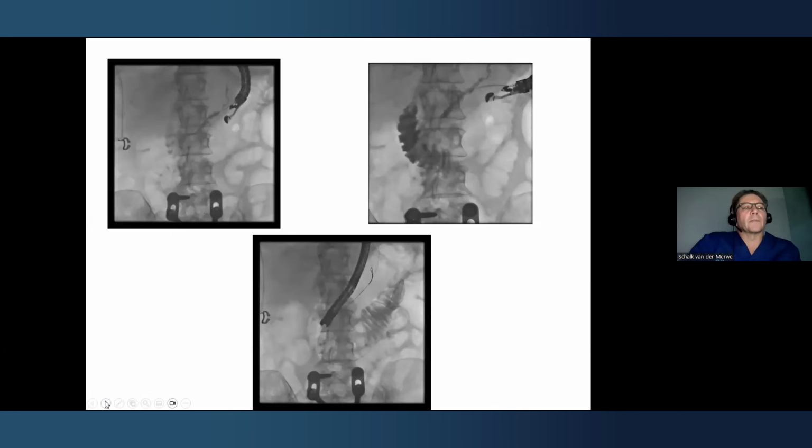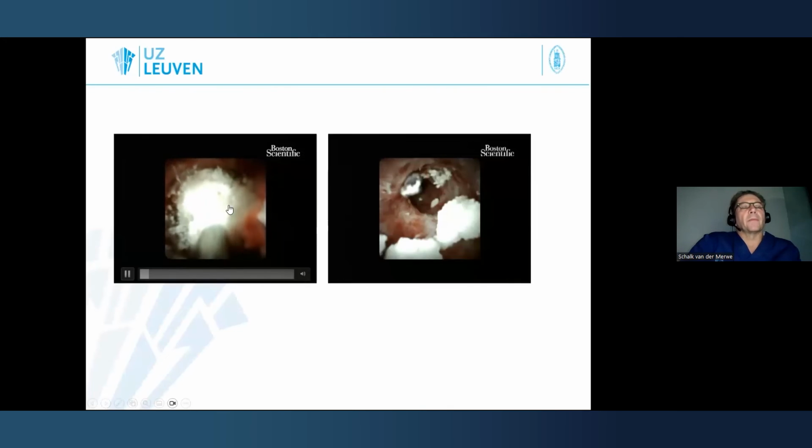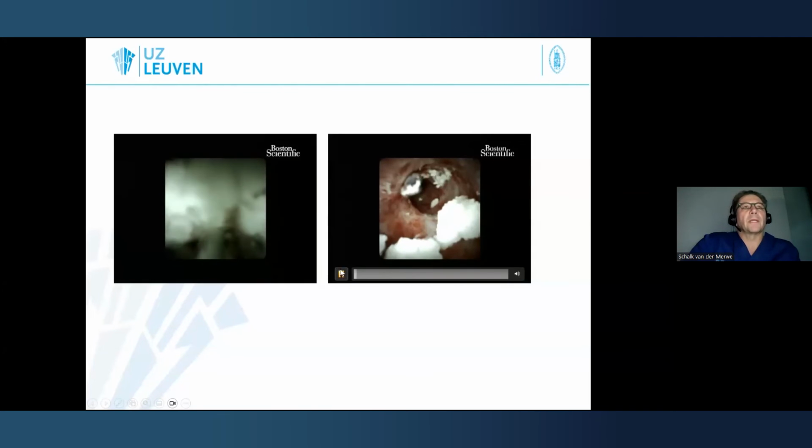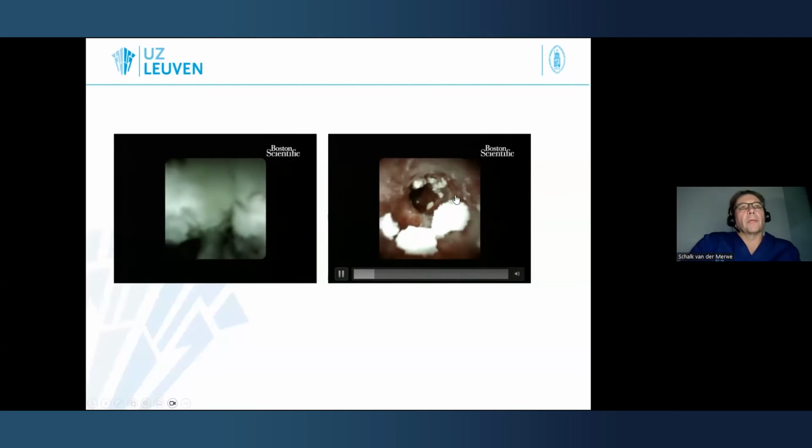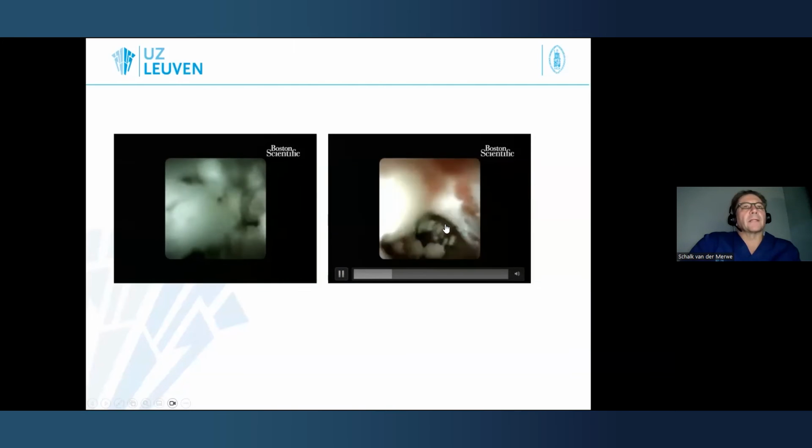And again, EUS will serve as an access procedure, because in the next step, now that we've got ductal access, we can perform intraductal therapy using spyglass. In this case, this was not possible with ERCP before the development of spyglass. It was very difficult to manage these stones in some patients, and now we can achieve complete ductal clearance.